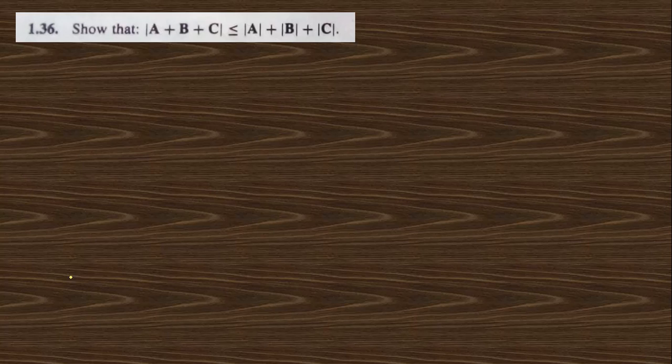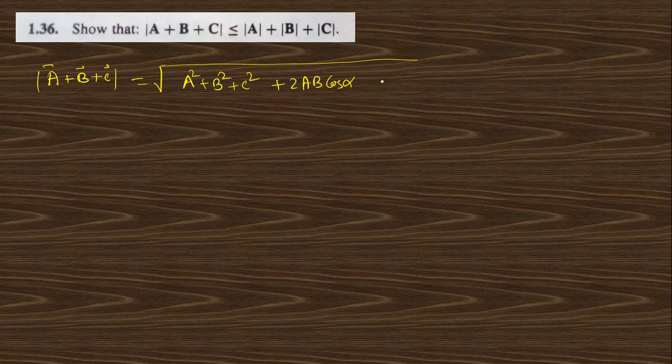Okay, next question. The modulus of A vector plus B vector plus C vector is root under A square plus B square plus C square plus 2AB cos alpha, angle between A and B, plus 2BC cos beta, angle between B and C, plus 2CA cos gamma, angle between C and A. For the maximum value, each cosine is 1.